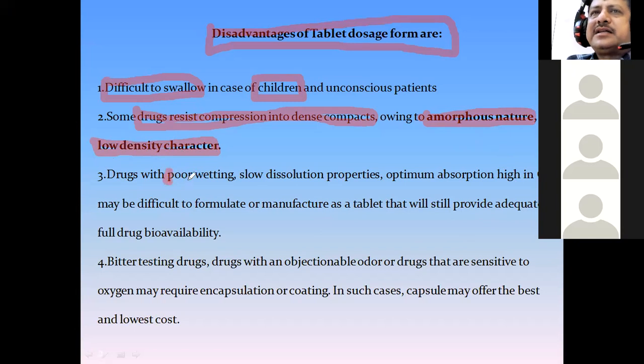Now there are some drugs which have poor wettability, and as they have poor wetting capacity, they will have slow dissolution properties, and optimum absorption in the GIT may be difficult. It may be difficult to formulate or manufacture such a kind of drug into a tablet dosage form that will still provide adequate or full drug availability.